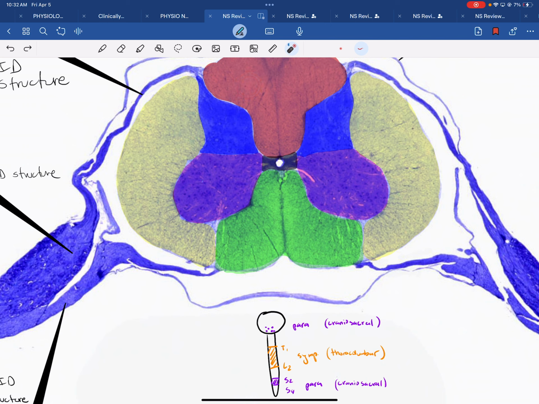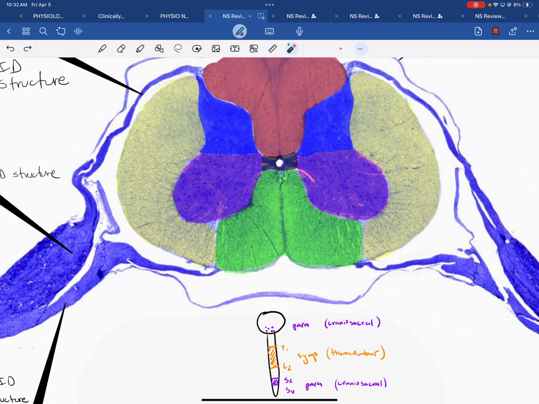And because it's anterior, that would be what, motor? Or does it matter? Don't think of it like that. Think of it like descending is motor. This funiculus and this funiculus have descending tracts, so they both have motor signals going through them.